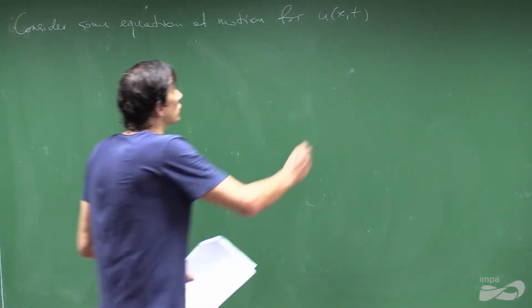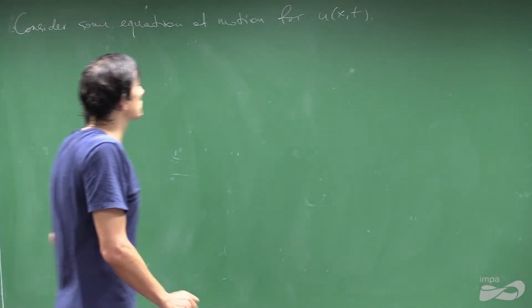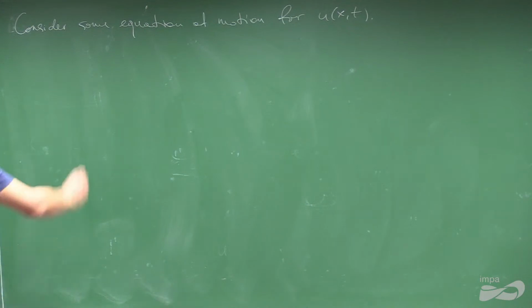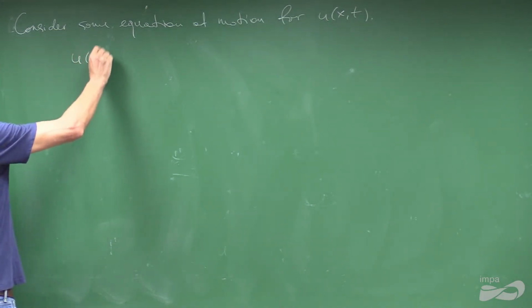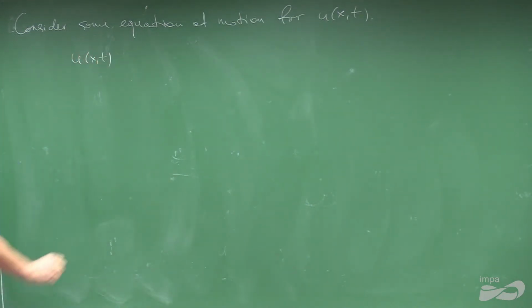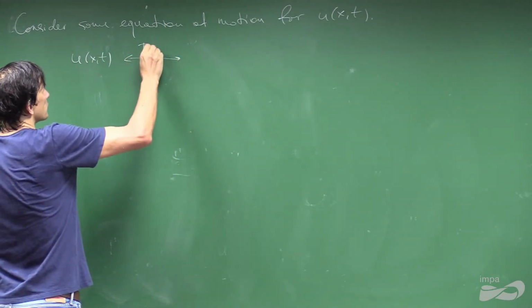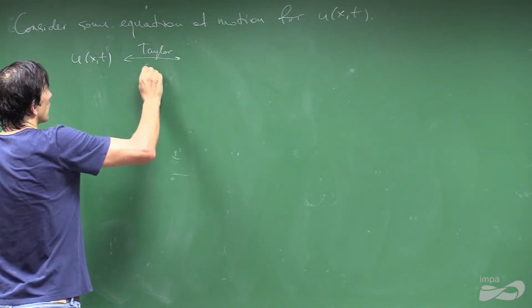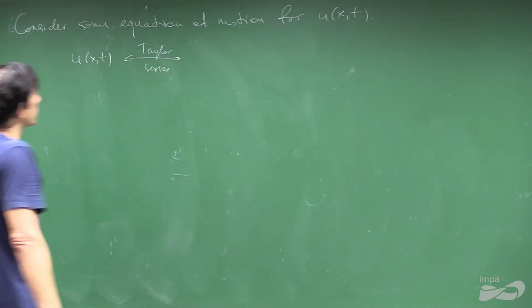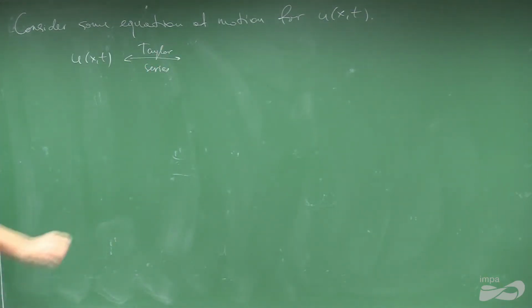So how do we represent this equation? We can consider, instead of u, its Taylor series. The function can be approximated by its Taylor series. And actually, this relation becomes exact if the function is analytic. But anyway, locally it can be approximated.